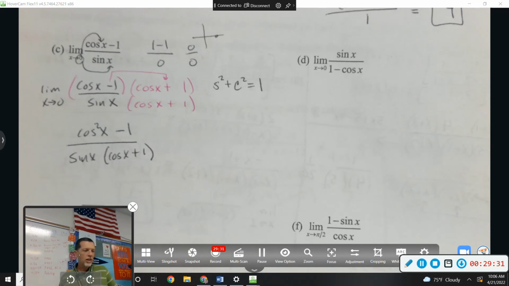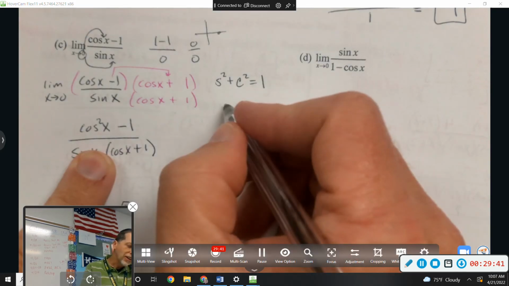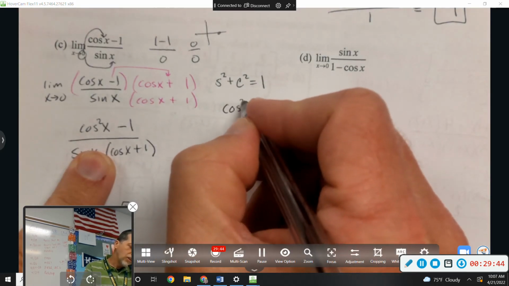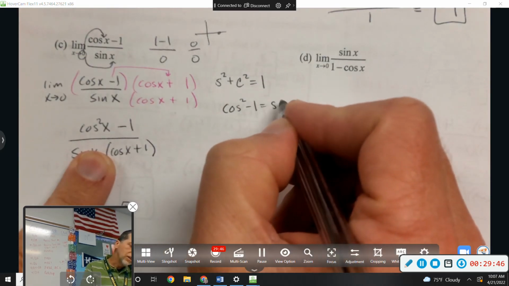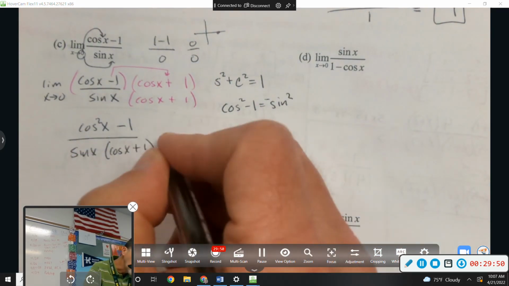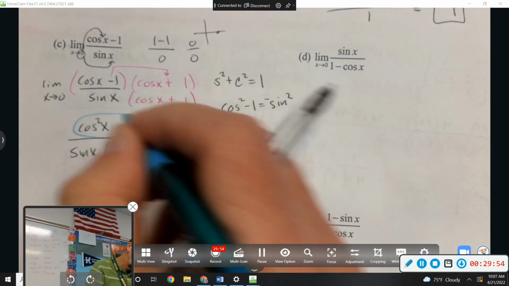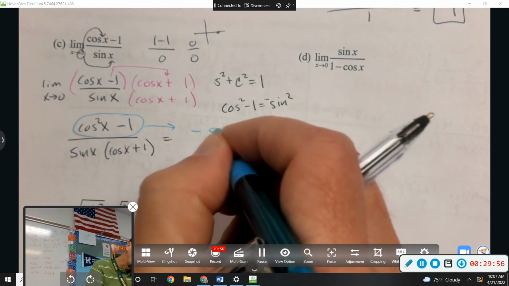So what does cosine squared minus 1 equal? If I move things around, careful. Your algebra has to be careful here. Cosine squared minus 1 would equal negative sine squared. So I'm going to replace the top with negative sine squared of x.